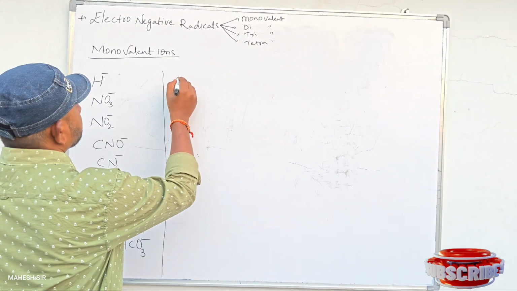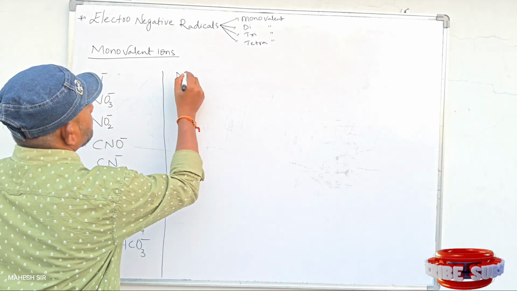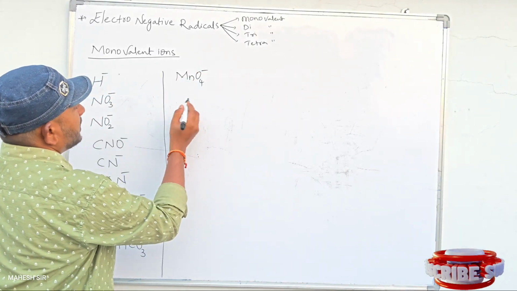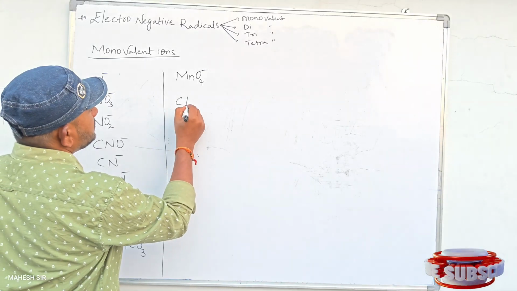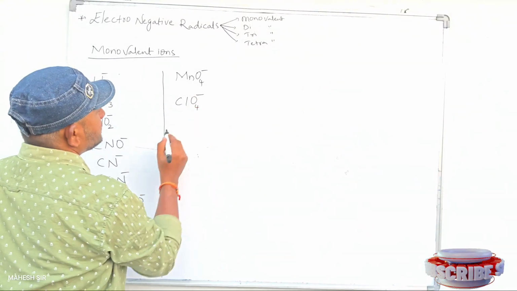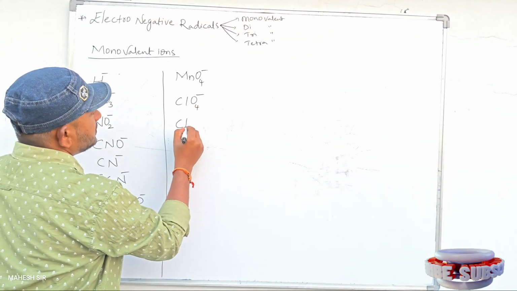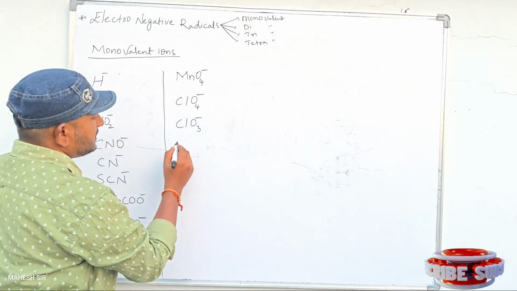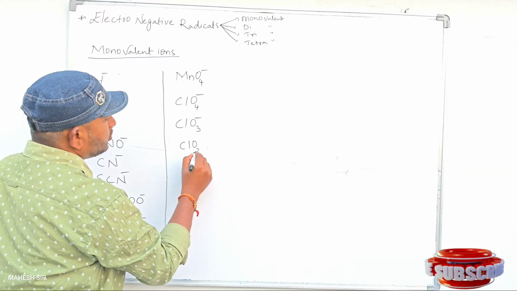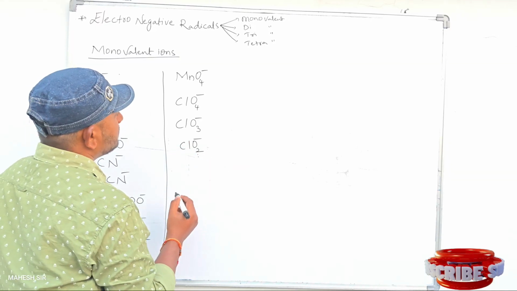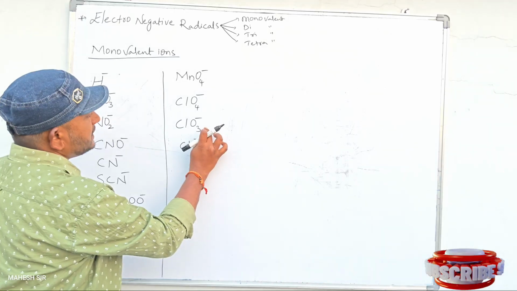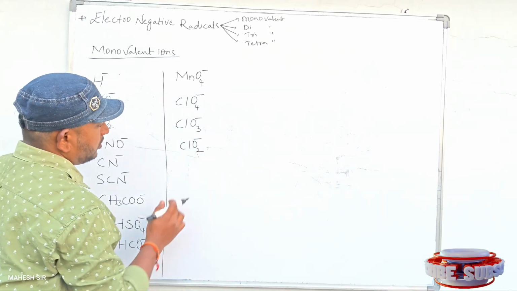Next, MnO4 minus, permanganate, ClO4 minus, perchlorate, ClO3 minus, chlorate, ClO2 minus, chlorite.